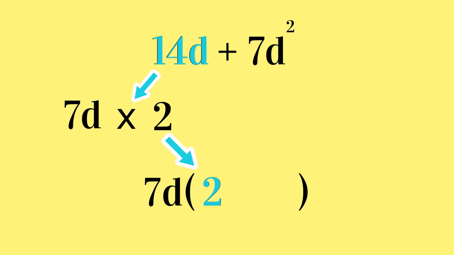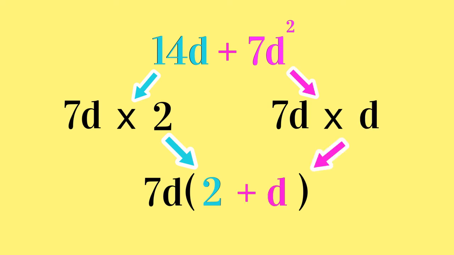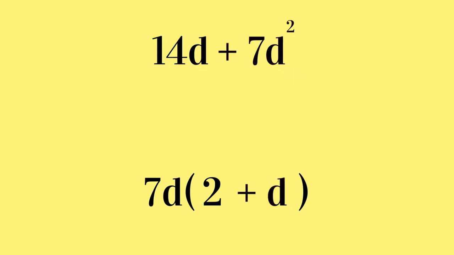And we would multiply 7d by d to get 7d squared. So the final answer is 7d open brackets 2 add d close brackets.